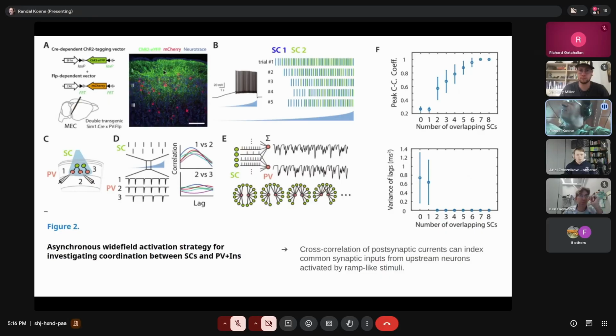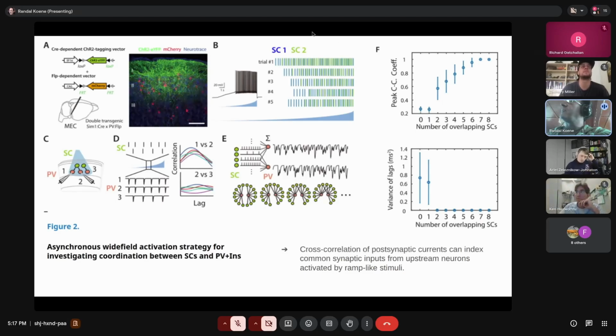And what you can see is that the stellate cells are labeled in green, and parvalbumin cells, the interneurons, are labeled in red. And then in figure B, what we have here is a wide field optical stimulation, and they're ramping up the intensity of that stimulation. They're giving an optical ramp, and you see the response coming out of that.